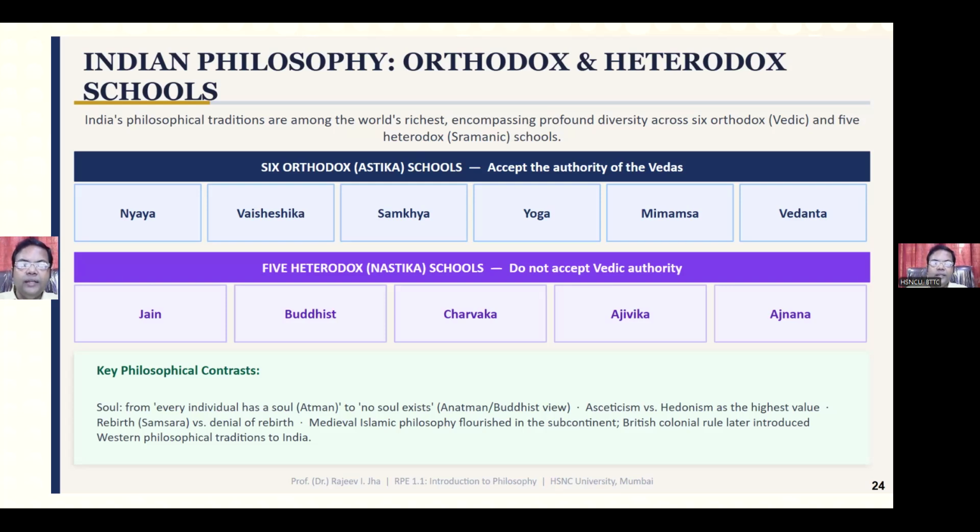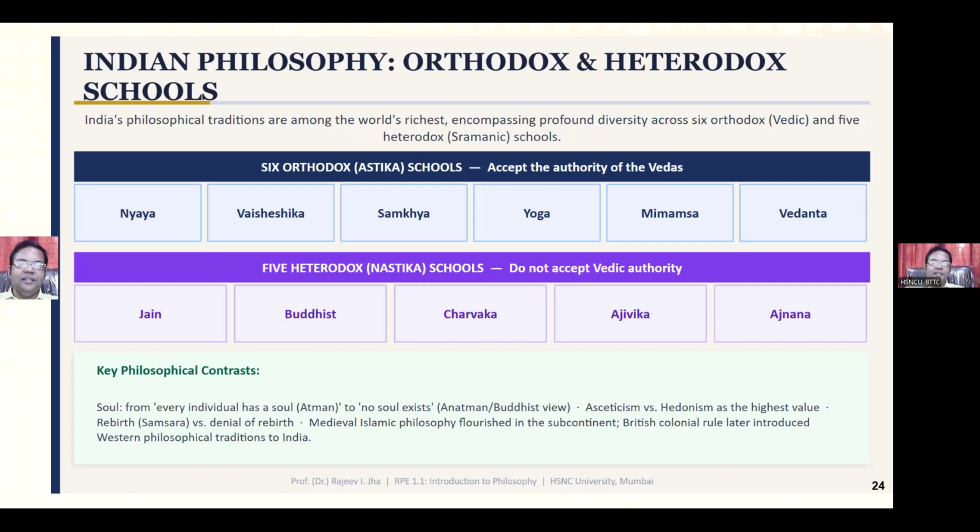The Nyaya school developed sophisticated systems of logical inference, pramanas, or valid means of knowledge that rival any formal logic developed in the West. Vaisheshika developed an atomic theory of matter that preceded Democritus and has striking resonances with modern particle physics.